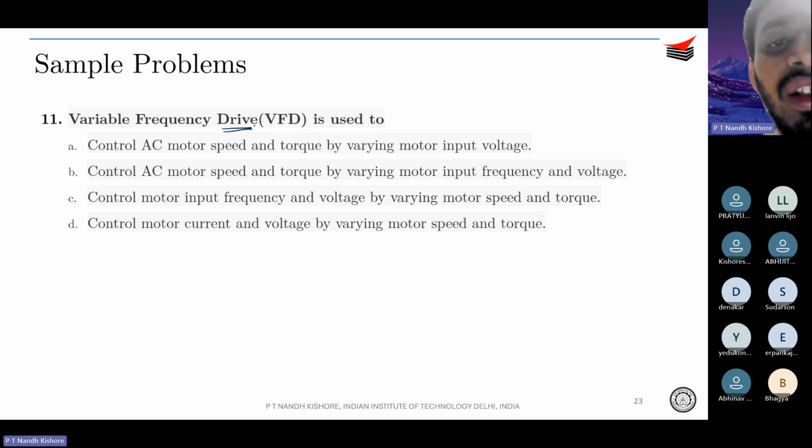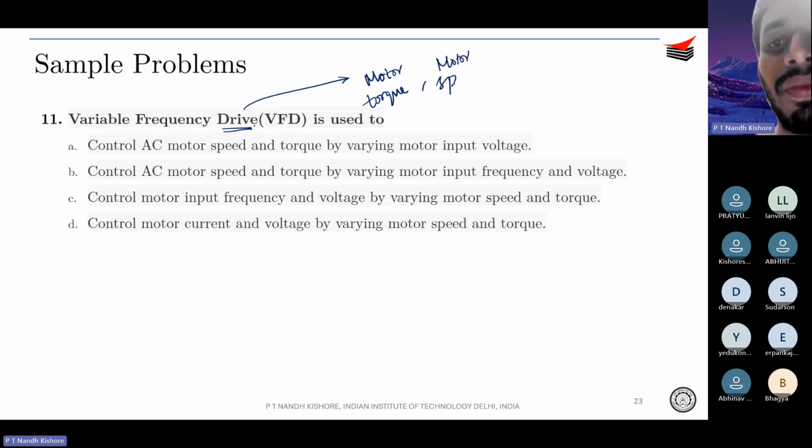Anywhere you see the name drive, it means that it has something to do with motor torque control or motor speed control. So variable frequency drive means torque and speed are getting controlled, of what? A motor.